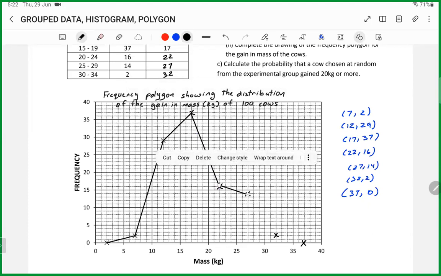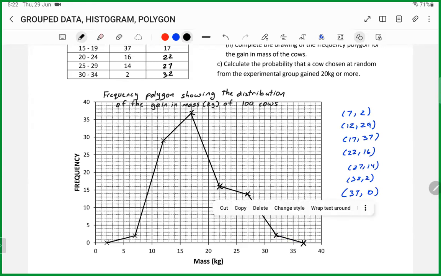It might not look exactly, it will look more or less like this, but the scale might be a little bit different if you did the graph paper. But it will look pretty much like this. Right, so I'll give you a chance to finish up the polygon.